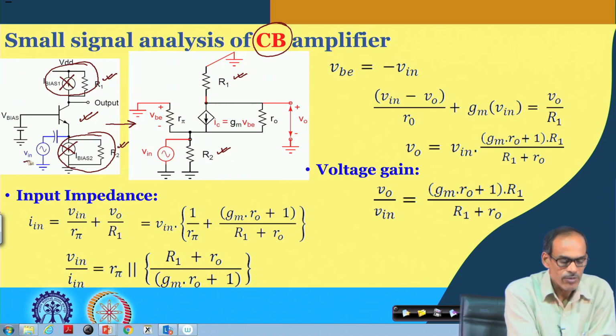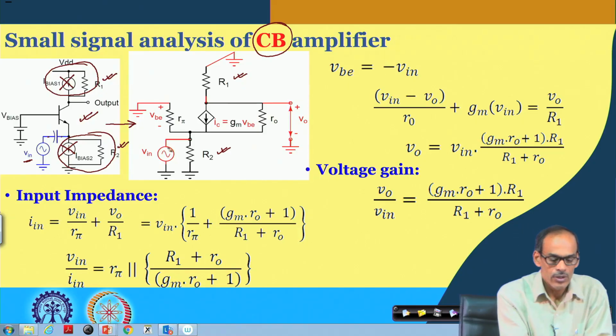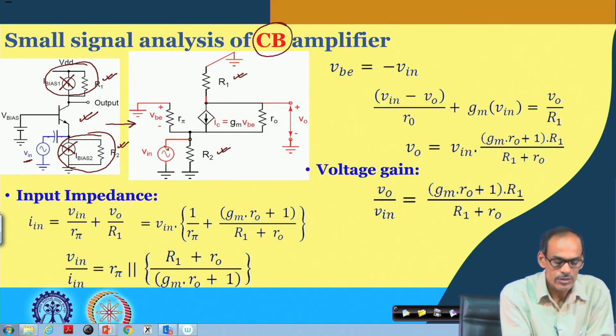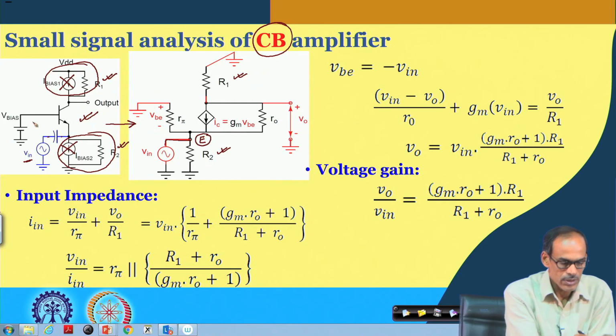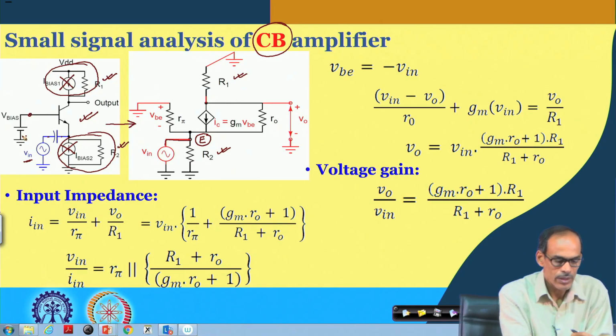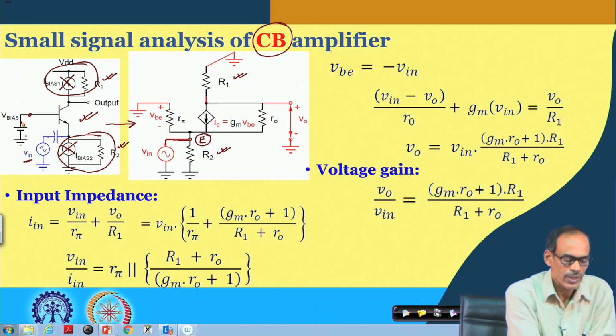Then this is the small signal which is getting coupled through the capacitor. We have simply shorted it, so the signal is coming directly to the emitter, and then at the base we do have DC voltage. Even if it has a Thevenin equivalent resistance, we assume that it is getting grounded by a capacitor here.